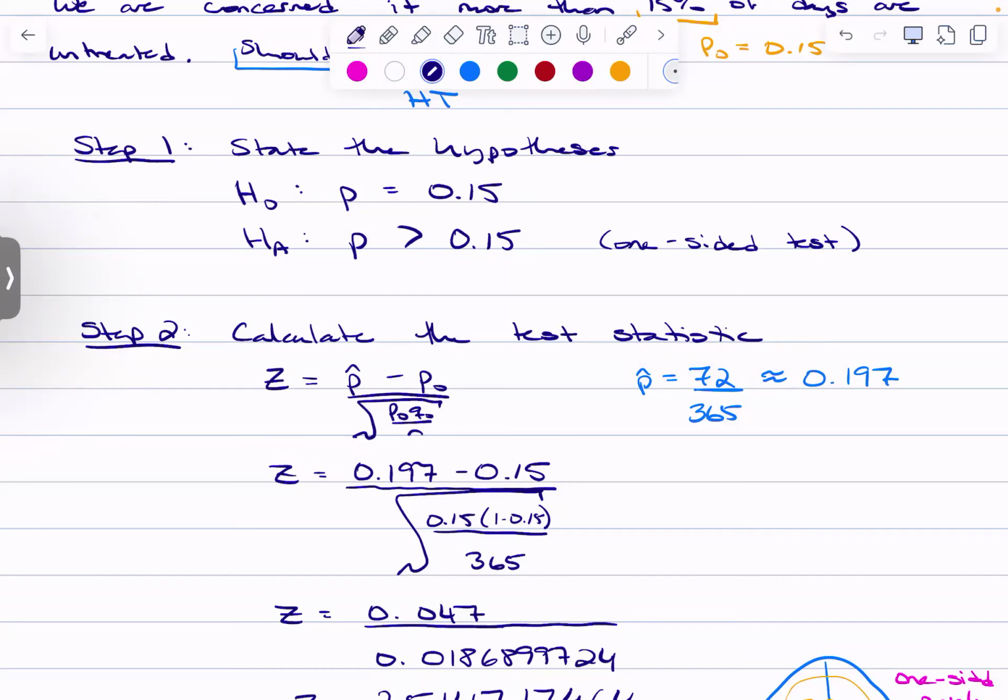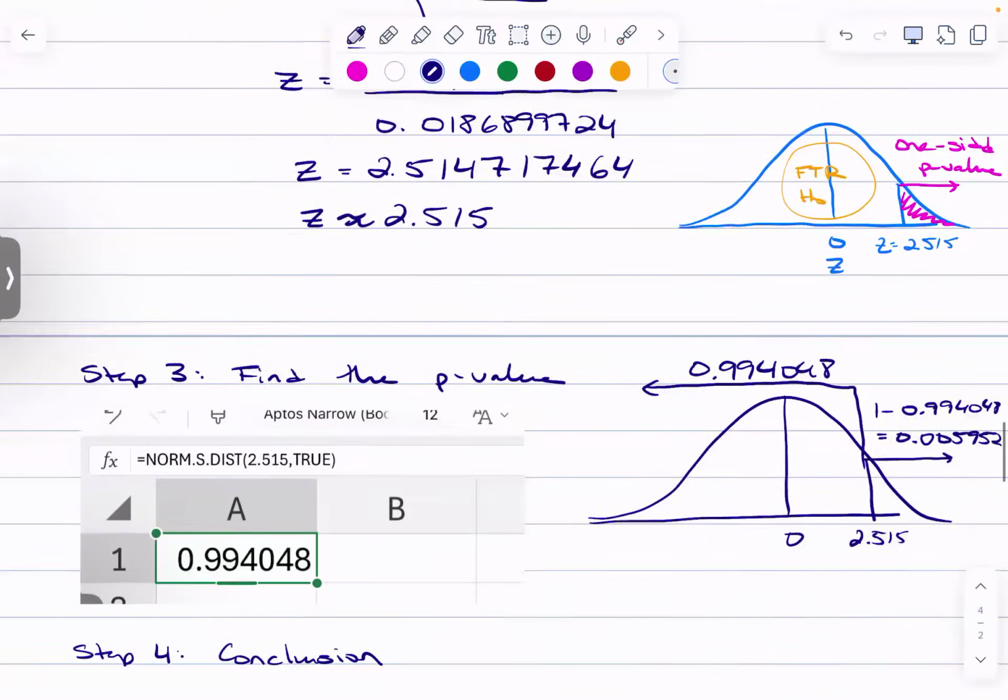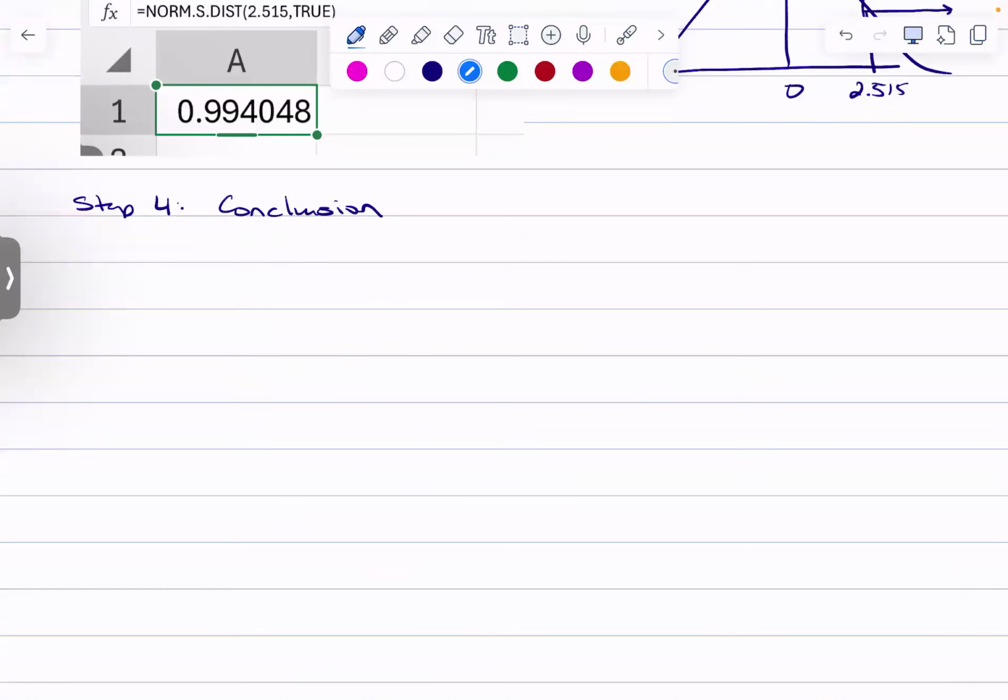If it helps you, I'll put it down here. We can think of the p-value as the probability that H naught is true. We did all our testing assuming that H naught was true, and so we can think of the p-value as this probability, if it helps. If it doesn't, that's okay.